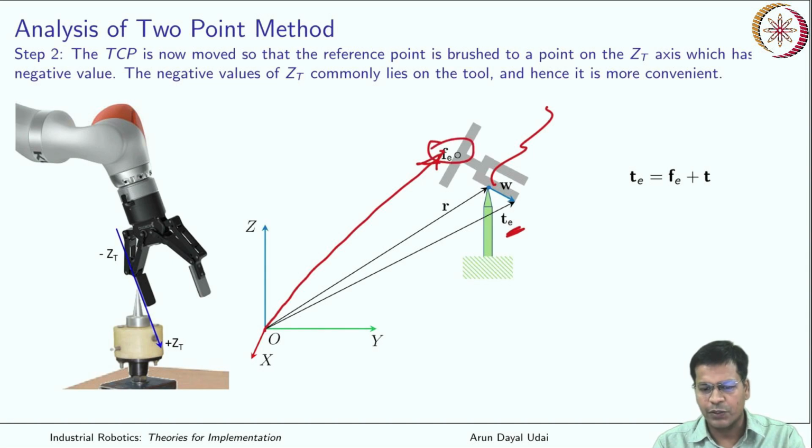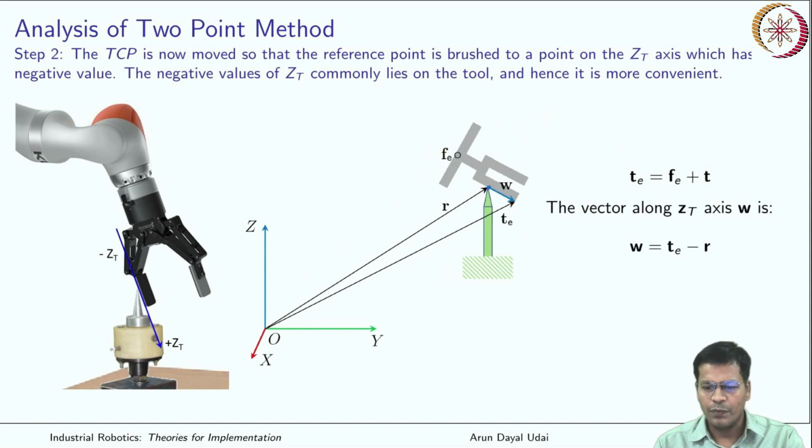This was a known TCP, so T was known. So finally you know this vector. TE vector is known. So this is the first job that you do when you make contact over here.